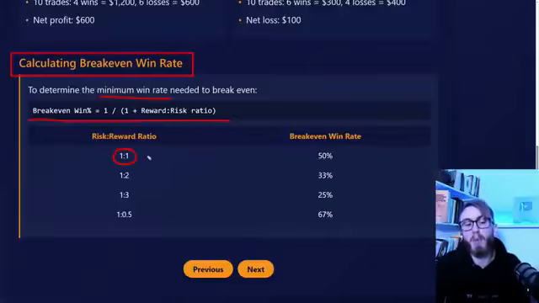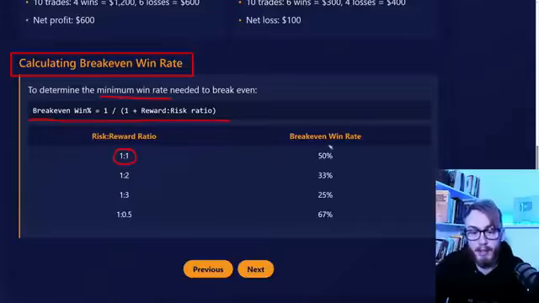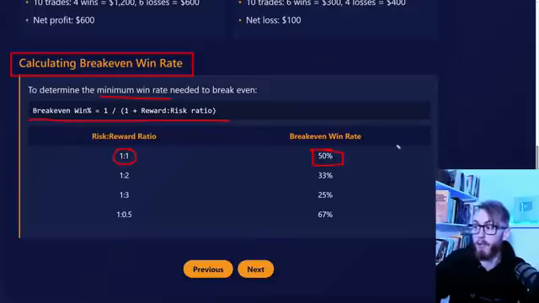First of all, if we have a 1-to-1 risk to reward ratio, so we risk, for example, 100, and we can win 100, then it's pretty clear that our break-even win rate is 50%. So if we win 100, lose 100, win 100, lose 100, we will go even.